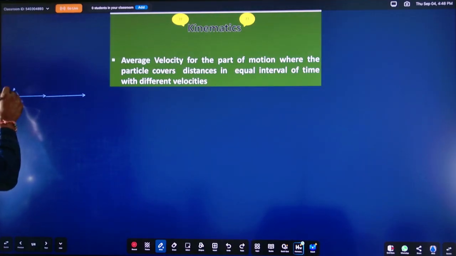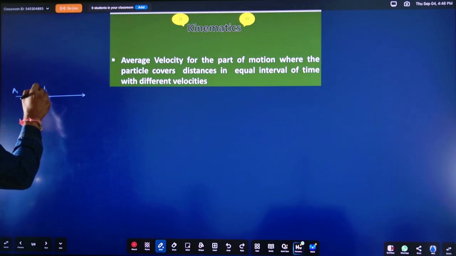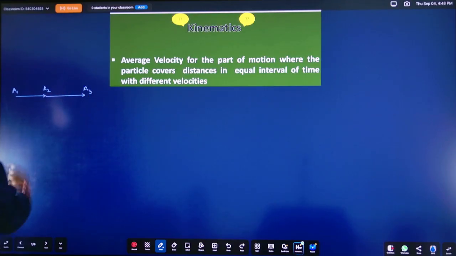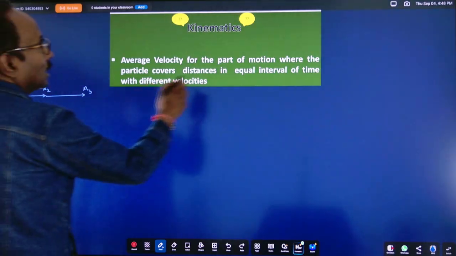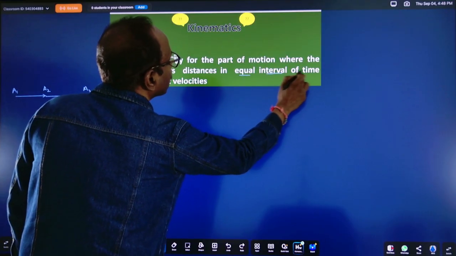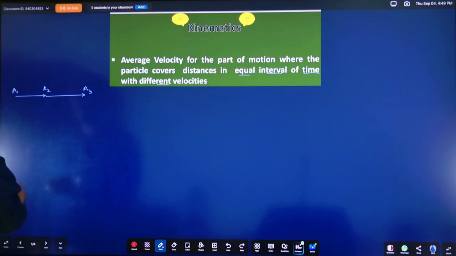If this point is A1, this is A2, this is A3, particle covers distances in equal interval of time with different velocities.